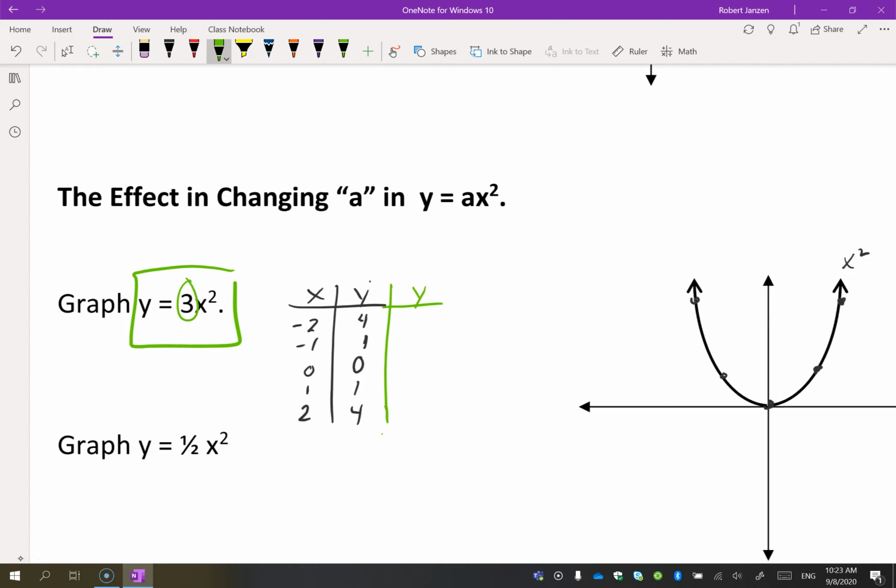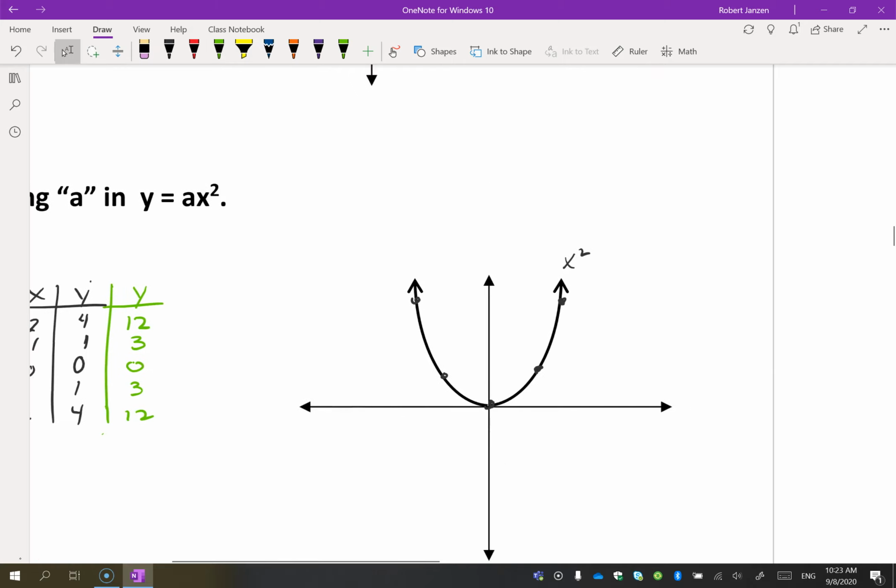Well, if I put a -2 in for x squared, it would become 4, and then multiplied by 3, this is going to become 12. This would become 3. This is still going to be 0, but this is 3, and this is 12. So let's look at what it looks like on the graph. When x is 1, we're now going to be at 3 instead. And when x is 2, this point is going to go way up here.